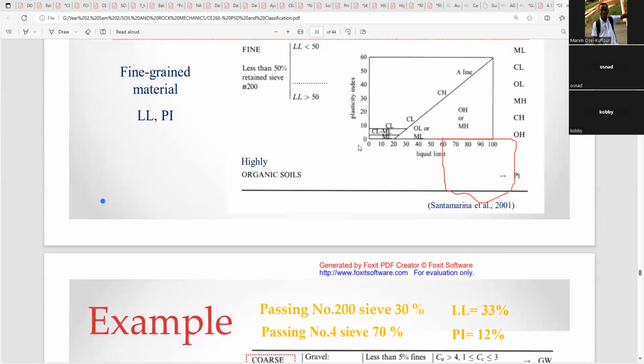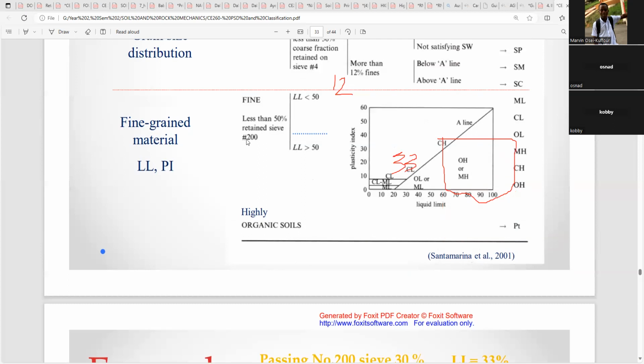So we are going to plot 33 on the horizontal, and 12 on the vertical. So 33 on the horizontal, it is going to be plotted somewhere here.